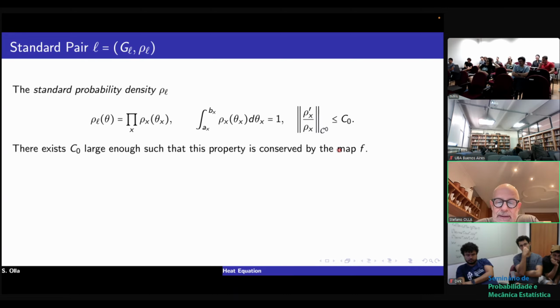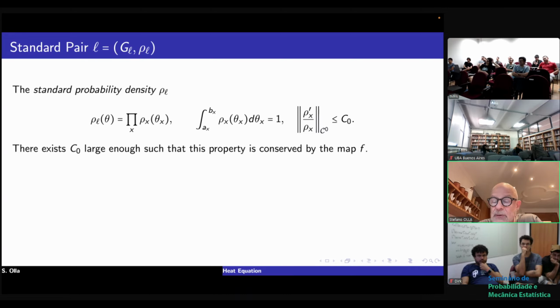And the point, this is the miracle, which exists, I mean, that you worked out, just for the map F, is that there exists a constant C0 large enough such that this property is conserved by the map F. So you apply the map F, you pull up the distribution rho x by the map F, you still have this property here. It's conserved.